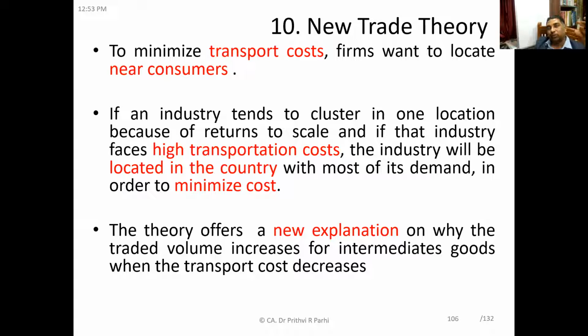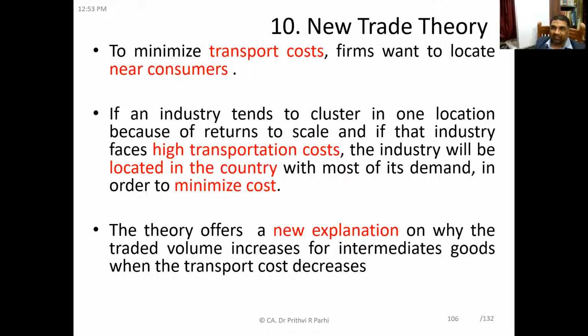And you have to purchase some, let us say, electronic items. And you know in India, those electronic items, you feel that they are produced in a particular cluster. Let us say they are produced only at Pune. So you have two options. Either you will take a local product from Pune or get it imported from China. So since China is nearer to you, you may feel to import that.